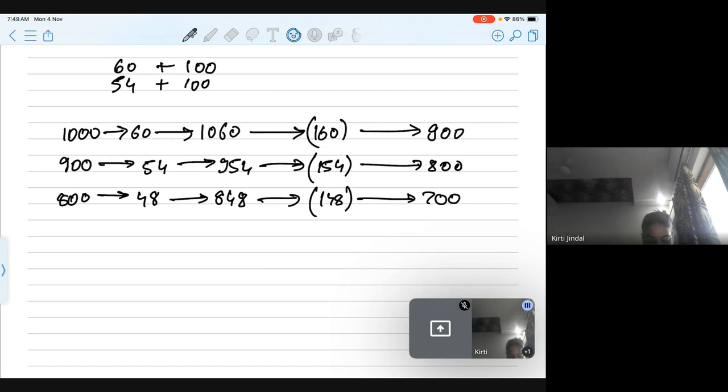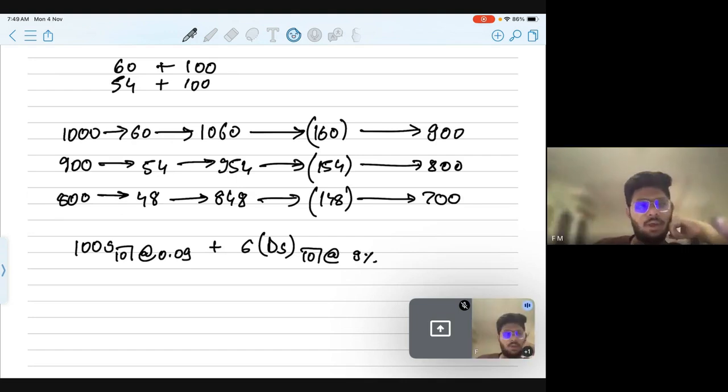So now we can make the normal accumulation of 100 for 10 years, plus 6 decreasing each year, 6 D S 10. Okay. Calculate it.